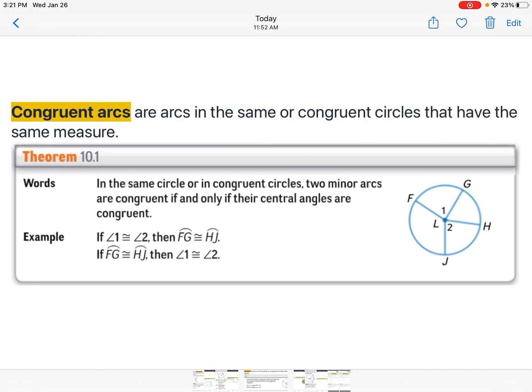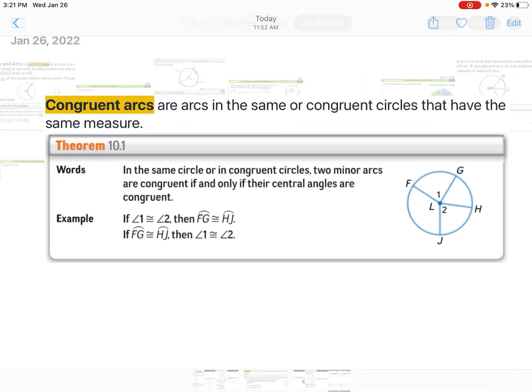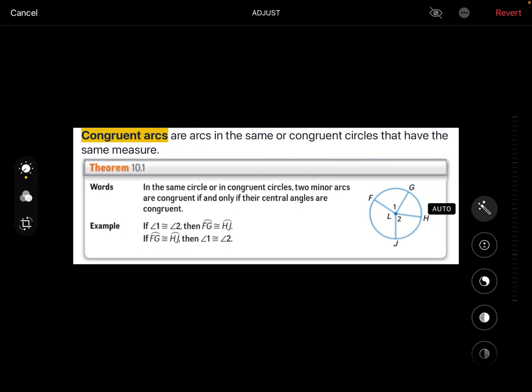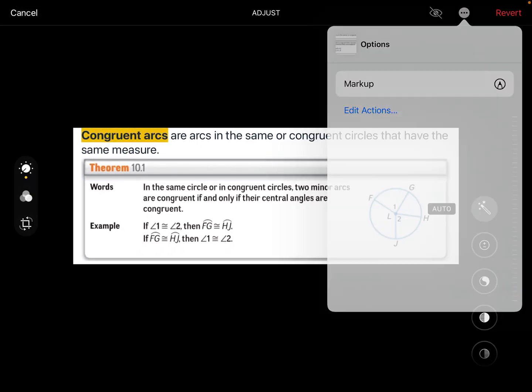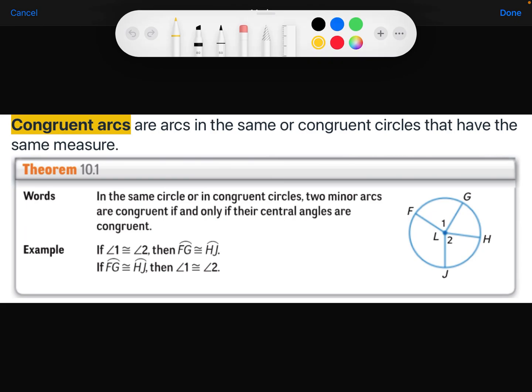Now let's look at congruent arcs. Congruent arcs are in the same or congruent circles, and they have the same measure. In the same circle or in congruent circles, two minor arcs are congruent if and only if their central angles are congruent.